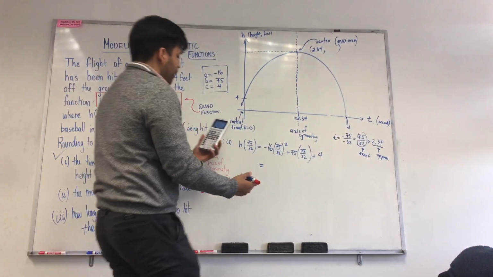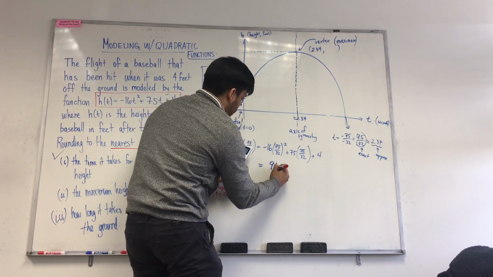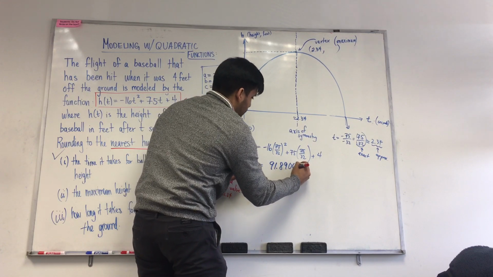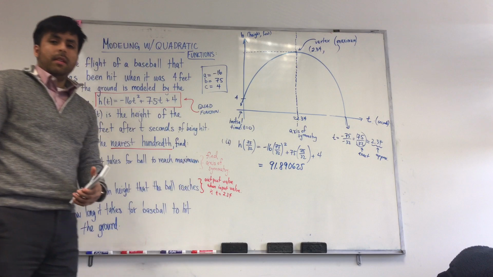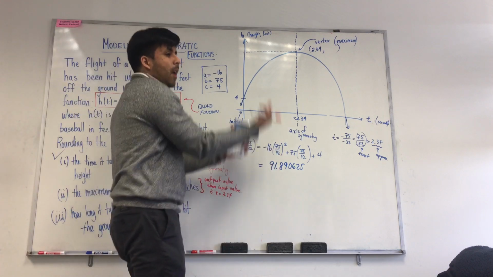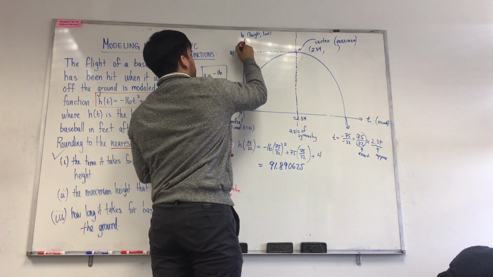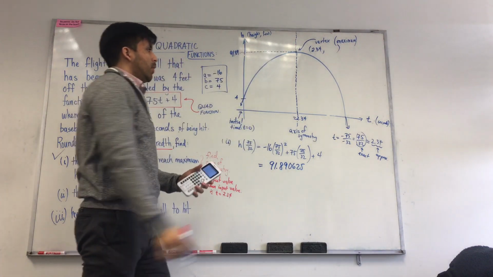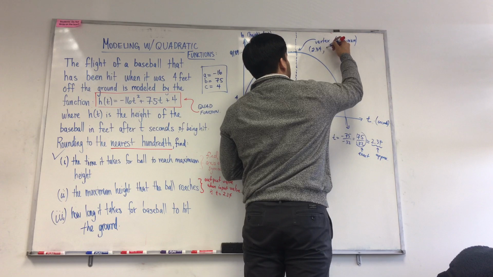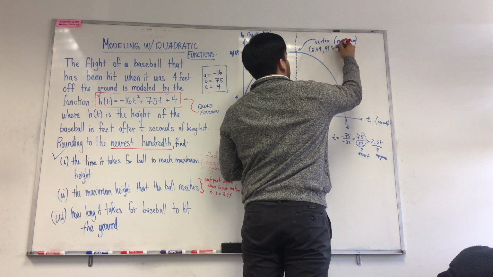The corresponding output value that I found was 91.890625. So this is 91.89 dot dot dot, and then the coordinates of my vertex will be 2.34 comma 91.89.